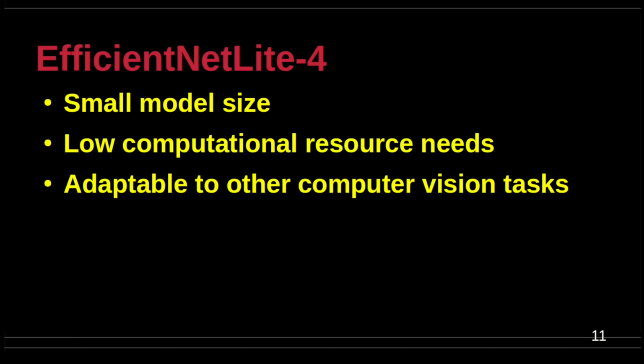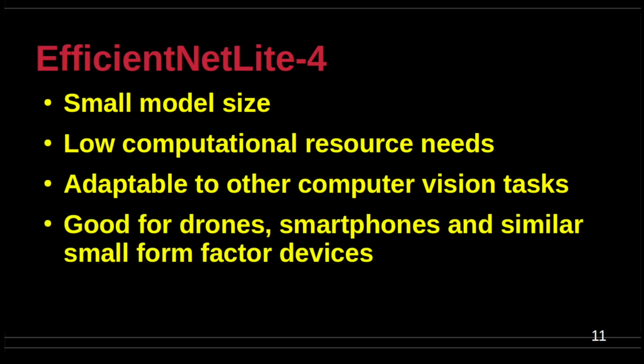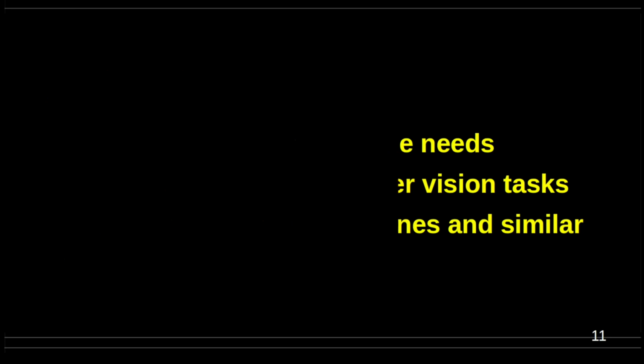It suits applications that require low latency and high throughput, such as real-time object detection for autonomous vehicles or video surveillance. EfficientNet Lite4 models offer a compelling balance between accuracy and efficiency, making them well suited for a wide range of deep learning applications where resource constraints are a major concern.